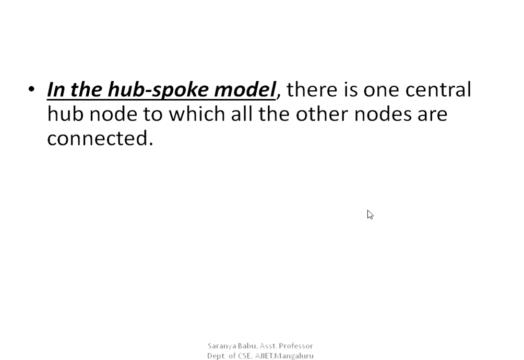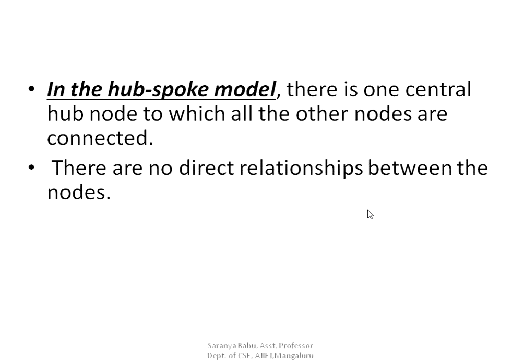All the other nodes are connected to it. So there are no direct relationships between the nodes. Is there any direct relationship between the nodes? It is understood that when they say there is a central node and every other node is connected to this central node, there is no direct connection between the nodes. Clear?